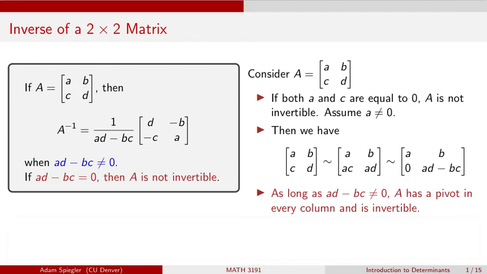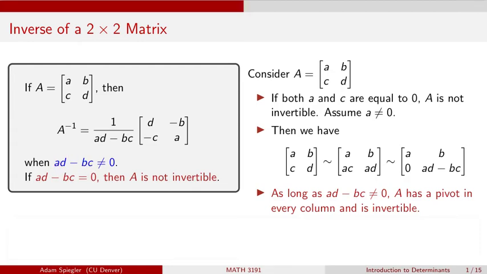This verifies what we previously claimed about finding inverses of 2 by 2 matrices: if the quantity AD minus BC is not equal to 0, then the matrix A would be invertible, and when it is equal to 0, then A is not invertible.